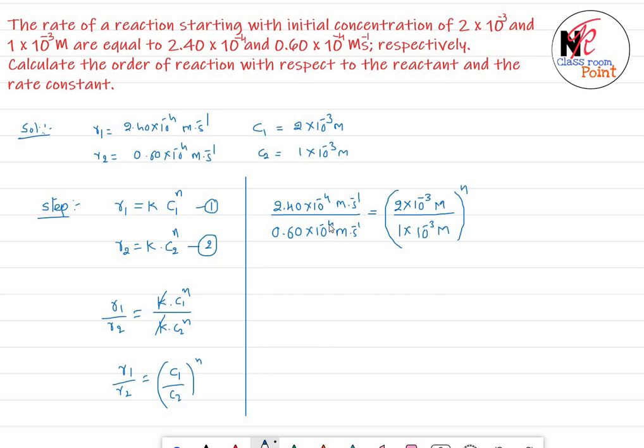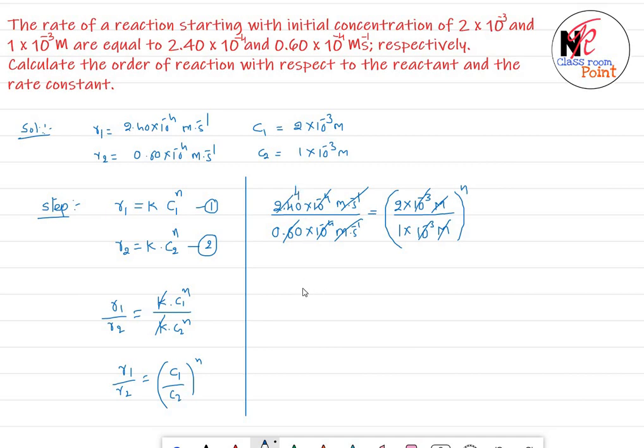Now let us cancel the common things of the numerator and denominator. 10 power minus 4 cancels and 10 power minus 3 also cancels. The units completely cancel. So 2 is left behind on the right hand side, and 2.40 divided by 0.60 is equal to 4.